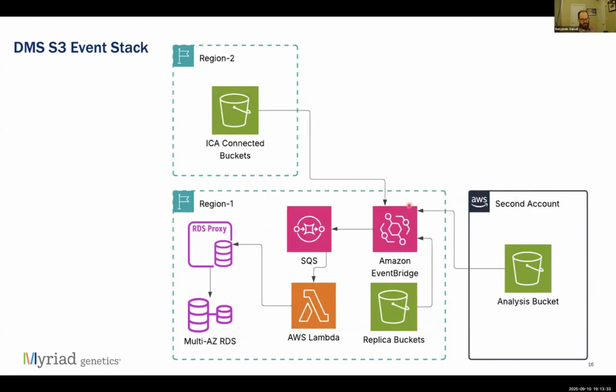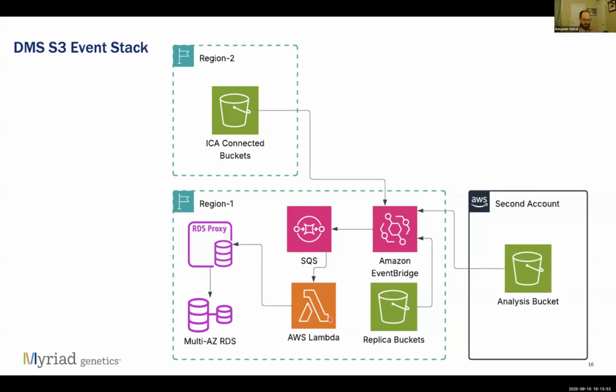We re-architected things a little bit. Instead of having EventBridge immediately execute this Lambda, we now go to an SQS queue, and then these events are batched and sent to the Lambda in groups of 10.